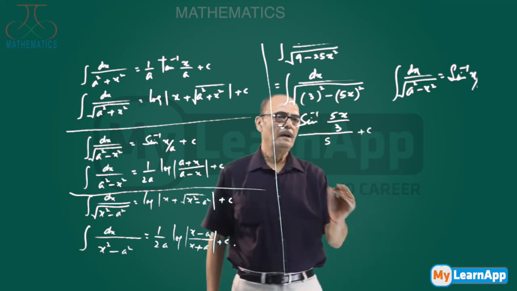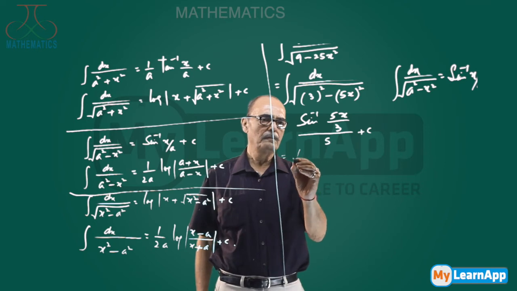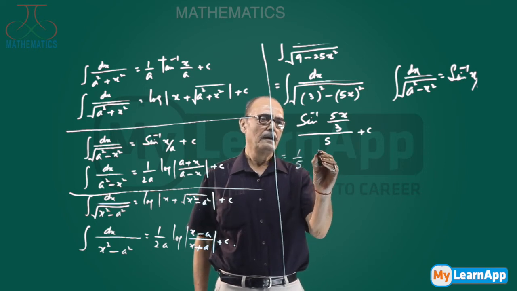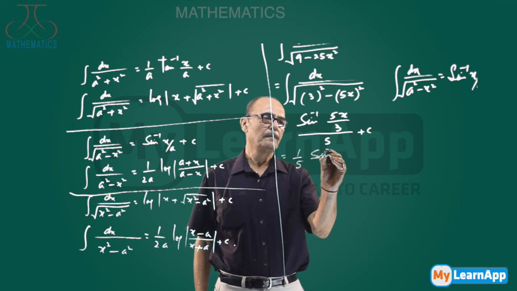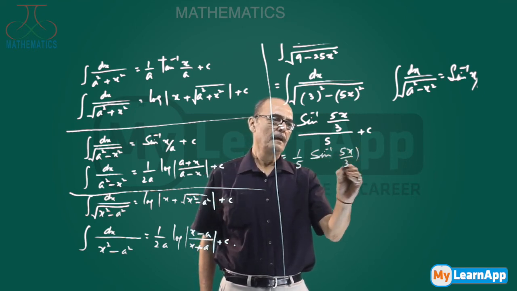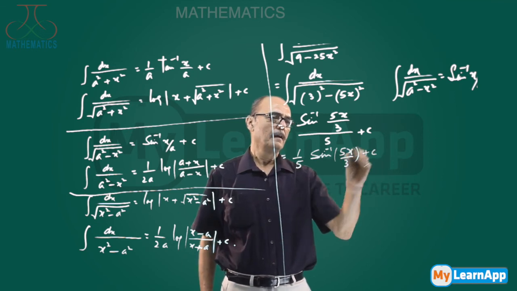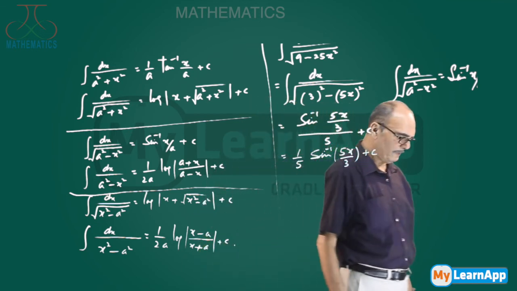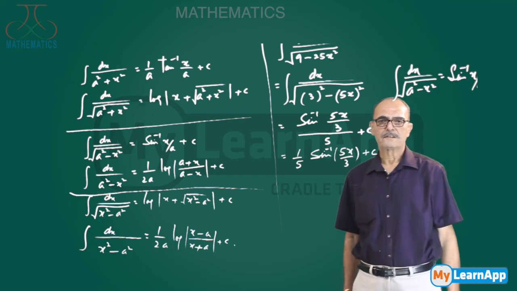See, this is 1 by 5 sine inverse 5x upon 3. This we have discussed somewhere in my early lectures.